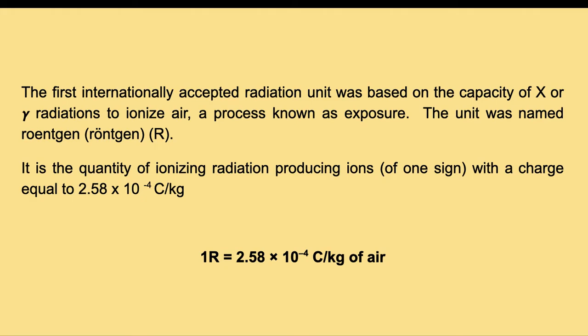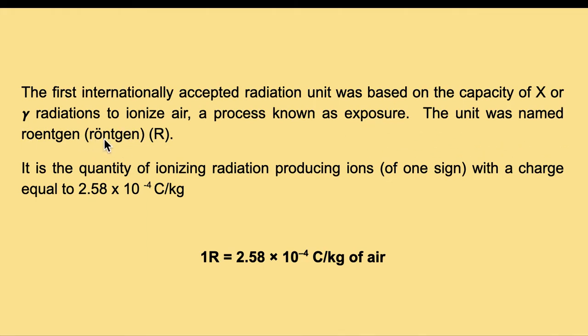The first internationally accepted radiation unit was based on the capacity of X-rays or gamma radiations to ionize air, and that process you are calling as exposure. The unit was named roentgen.